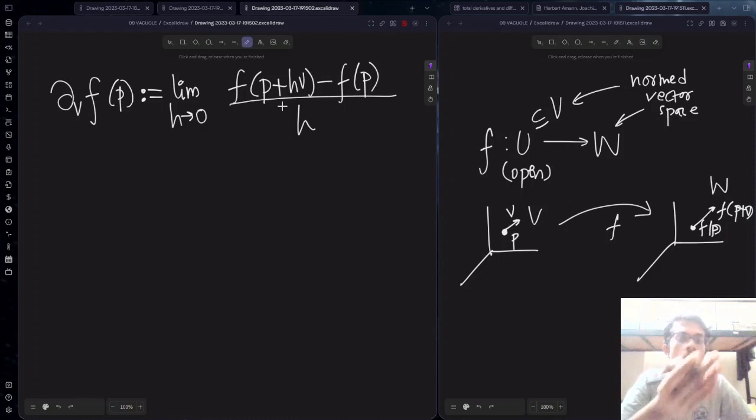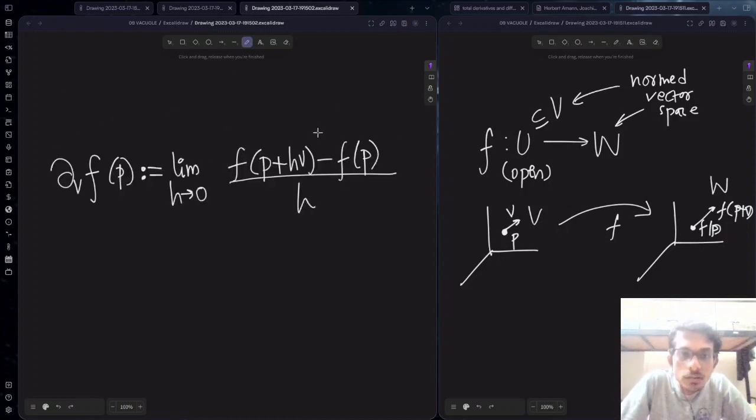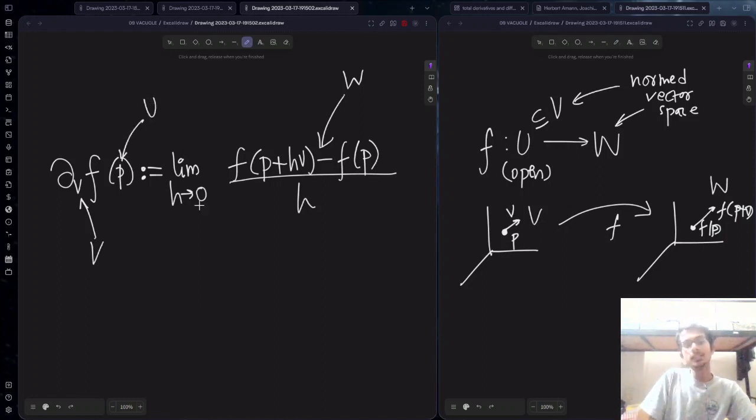So what is this operation? This is the vector space operation of W, because f is a function that's going to W. And v would be an element of V, because v is a direction.